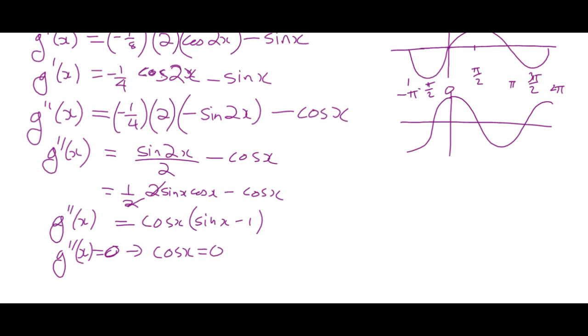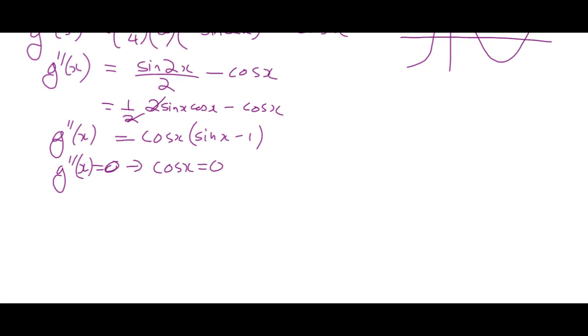So cos is 0 when x is negative pi over 2, pi over 2, and 3 pi over 2.